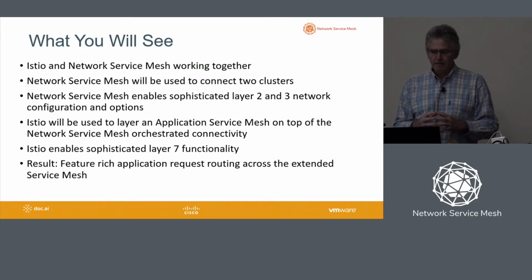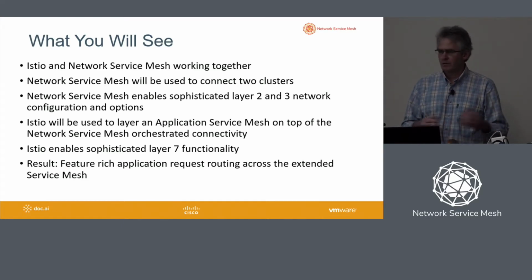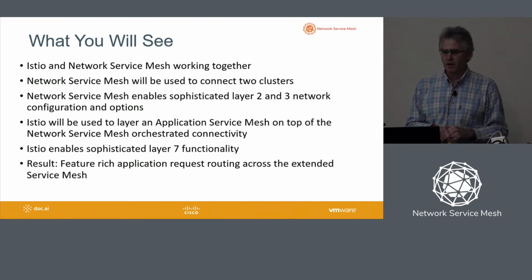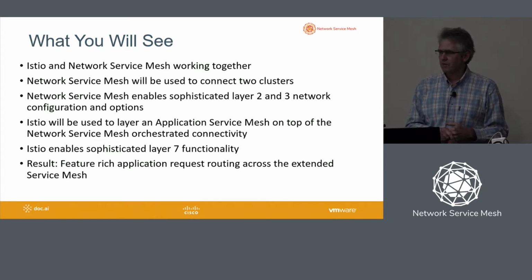In this case, it's a little simpler setup than what Tim showed, in that we're using just 2 local clusters. We're not using public clouds, keeping it a little simpler. But the idea, of course, is that Network Service Mesh is here to provide a lot of sophisticated layer 2, layer 3 networking options in a cloud-native way. Probably many of you are familiar with application service meshes, Istio and Linkerd.